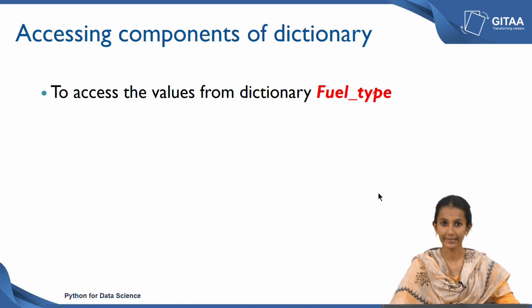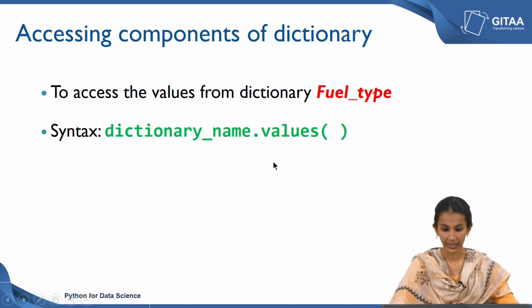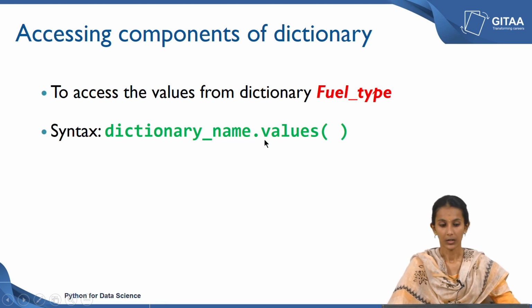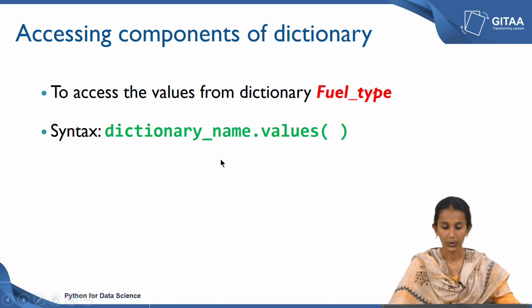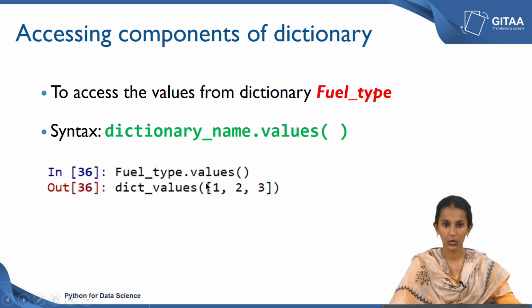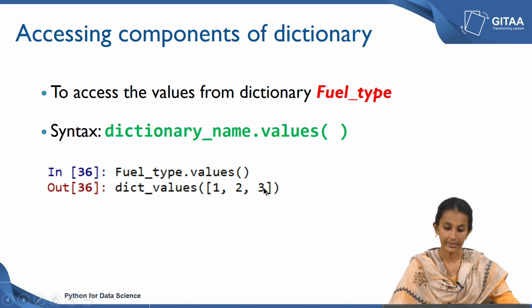If we wanted to access the values from the dictionary fuel_type, the syntax is again the dictionary name, but we replace keys with values, so fuel_type dot values. It gives you dict_values of 1, 2 and 3. So, 1 corresponds to petrol, 2 corresponds to diesel and 3 corresponds to CNG.